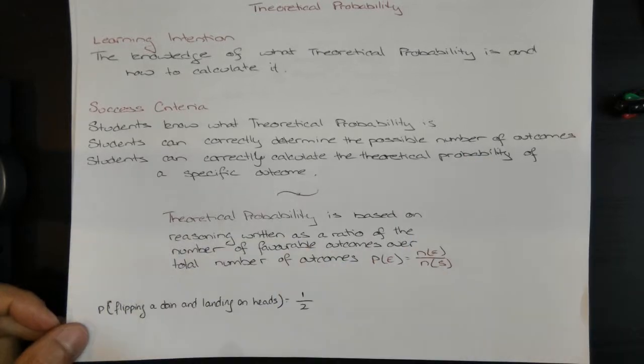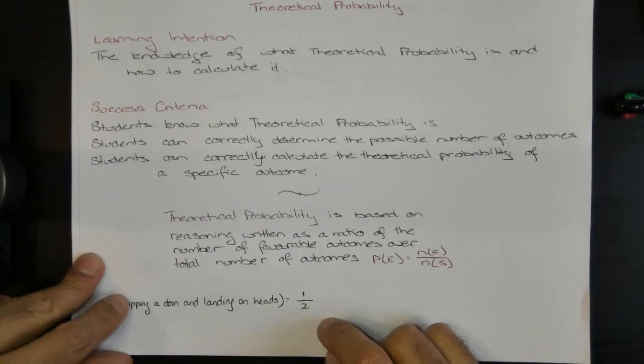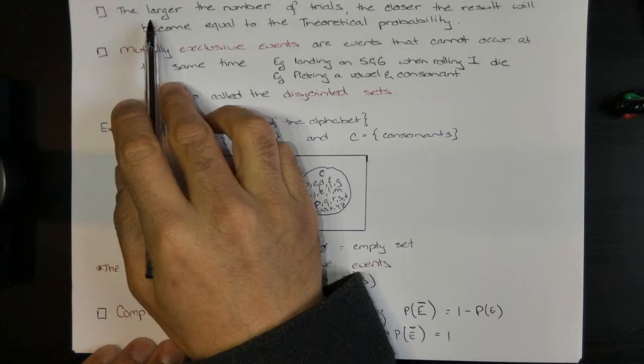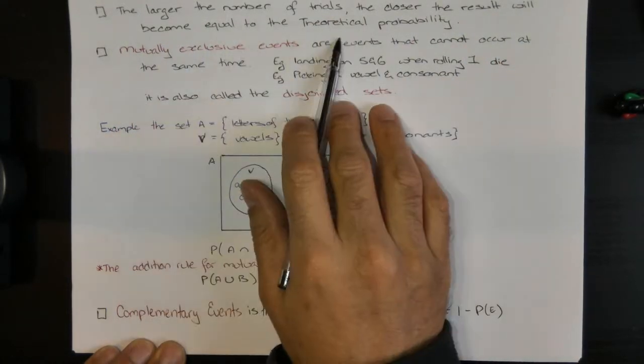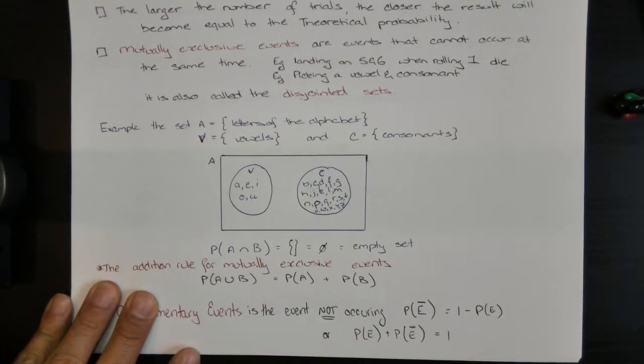And if I did all that, the relative probability of that wouldn't equal a half. But the larger the number of trials, the closer the result will become to the theoretical probability. So the more times I flip a coin, the closer the probability of landing on the head will be to a half.